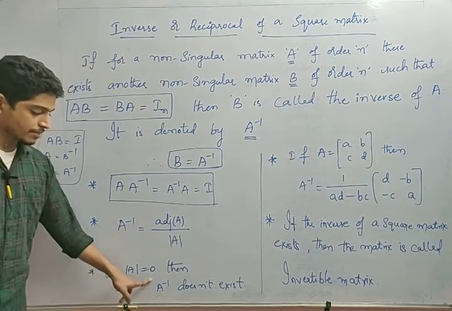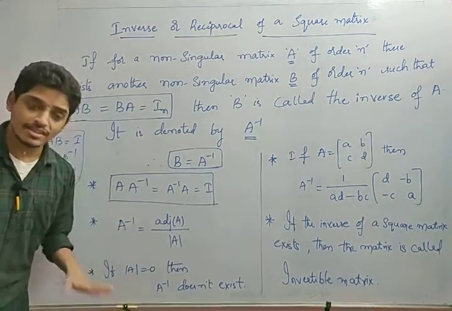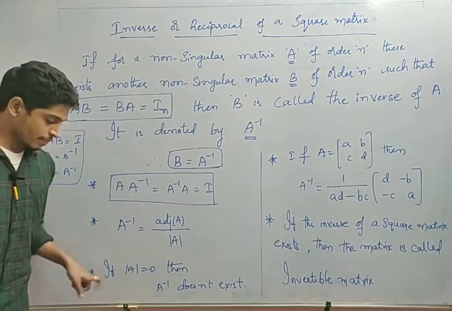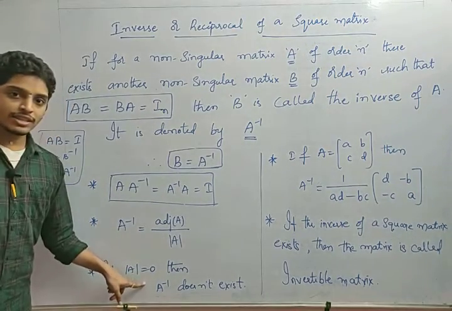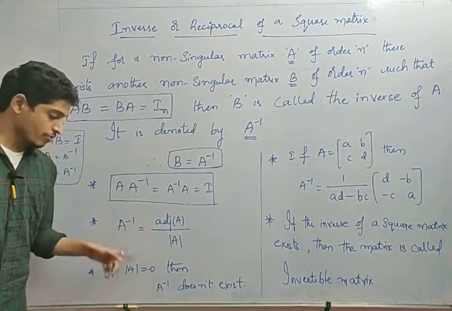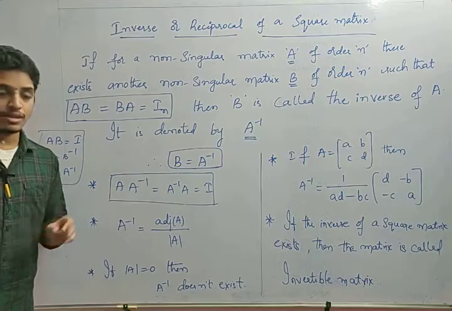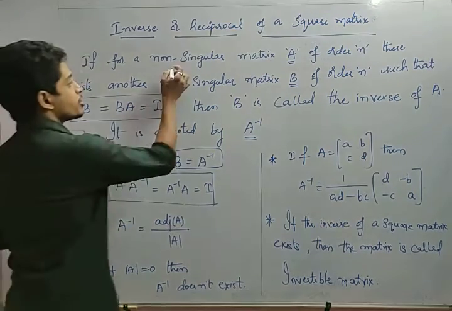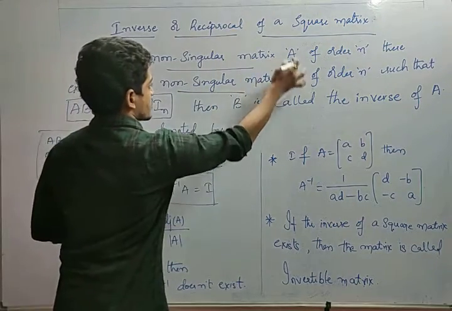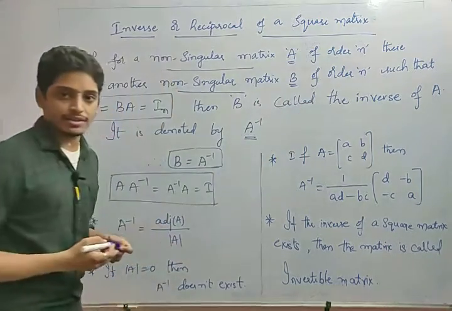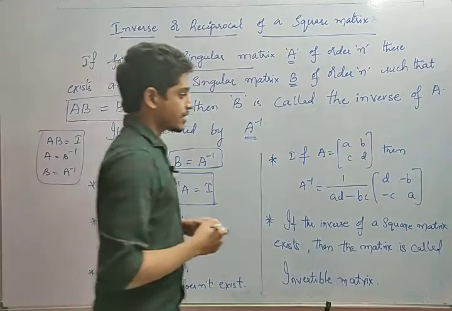So, if det A becomes 0, A inverse does not exist. If it is 0, you cannot tell the A inverse. Yes or no? So, det A is 0 is nothing but a singular matrix, right? So, for every singular matrix, A inverse does not exist. Remember this. That's why it is strictly mentioned that only for a non-singular matrix, we calculate the inverse of the matrix. Fine?